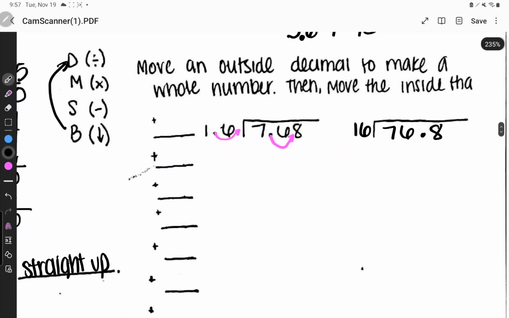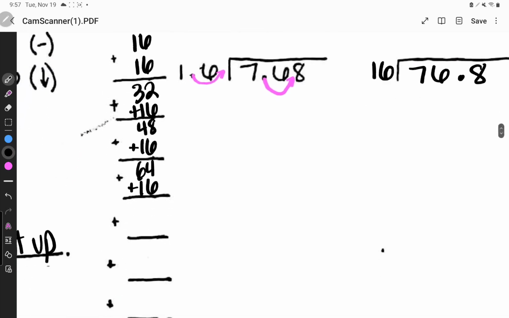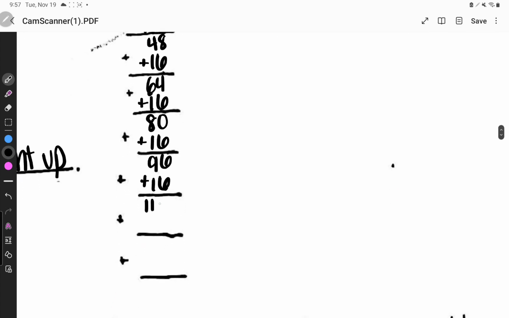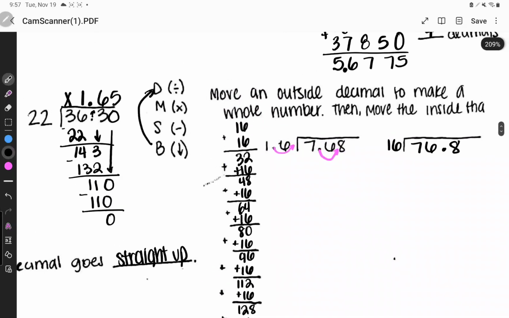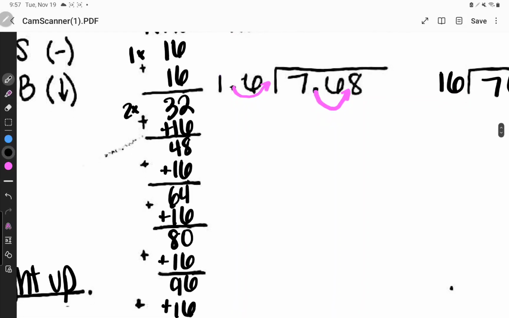Now I can divide this. I'm going to go through and list my 16s facts. So this is times 1, this is times 2.